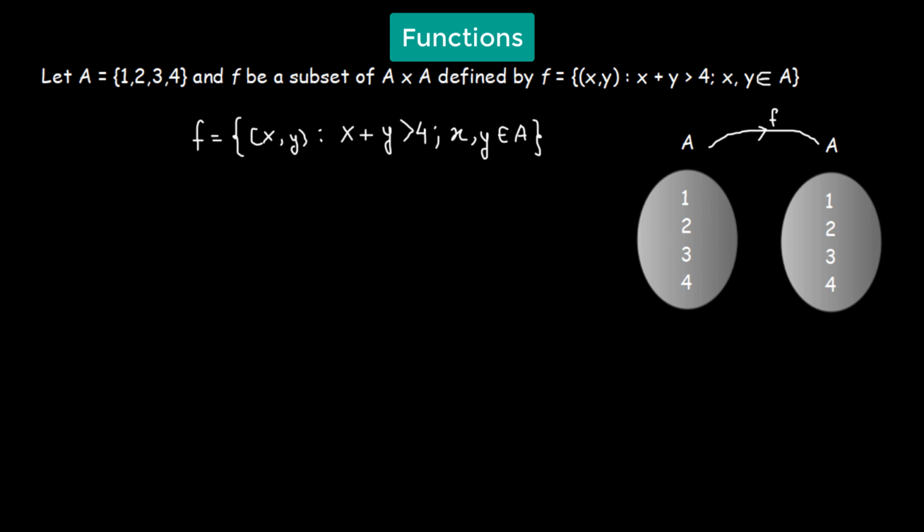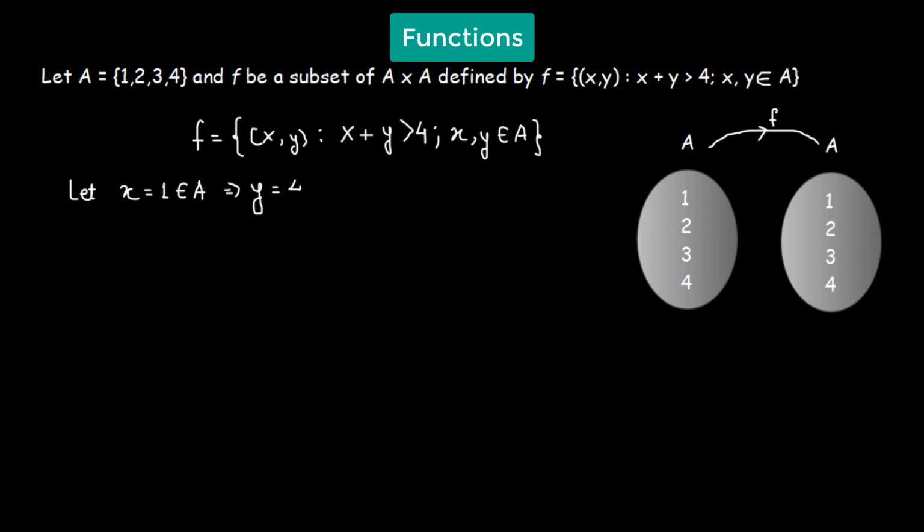Now let us find the first ordered pair. We take the element 1 from set A, so let x equal 1 be the first element that we are picking up from set A. The corresponding y value must be such that the sum is greater than 4. So we have to pick a value such that when it's added to x equals 1, we get a number greater than 4.